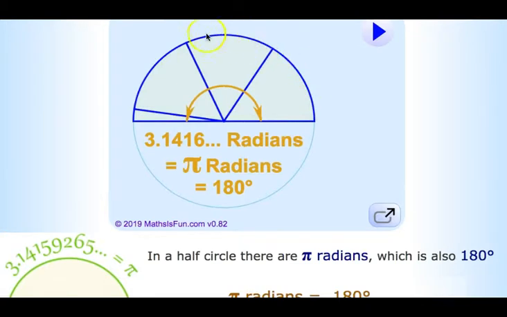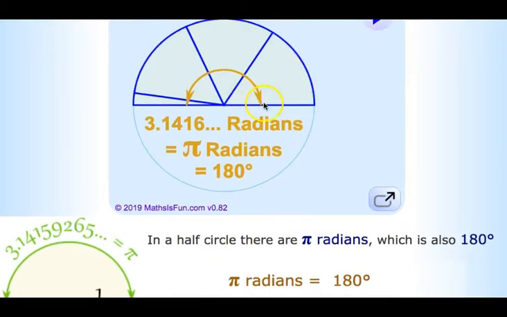So we've got that 1, that 2, that 3 and a bit, 3.1, and it's actually measured to be 3.14159, etc., which happens to be the number pi. So in a half circle, we have pi radians, because remember that's 1 radian, 2 radians, 3 radians and a bit. But that 3 and a bit actually equates to pi.